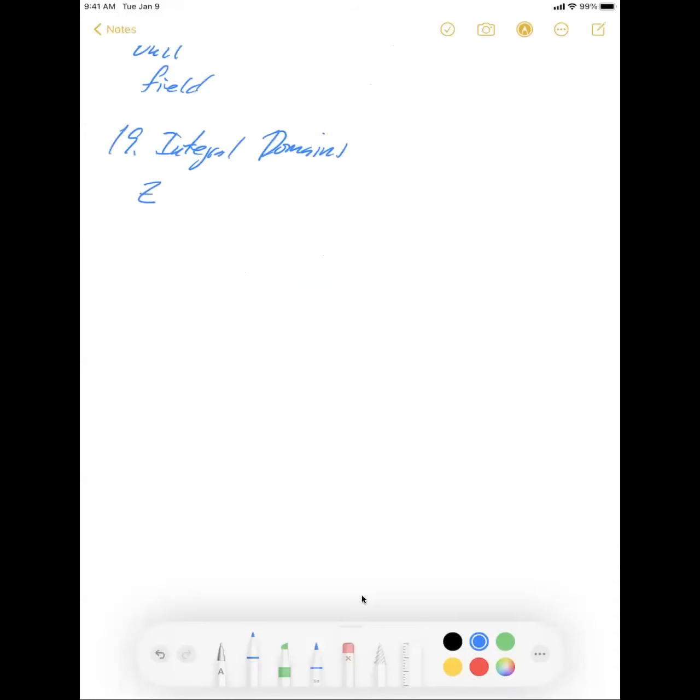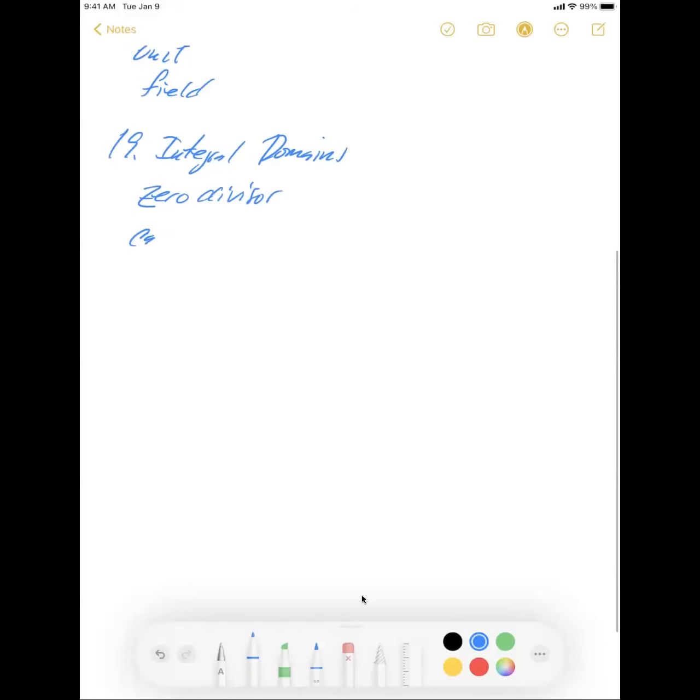So zero divisor. Cancellation holds here. In fact, cancellation is equivalent to being an integral domain, right? Cancellation if and only if no zero divisors.